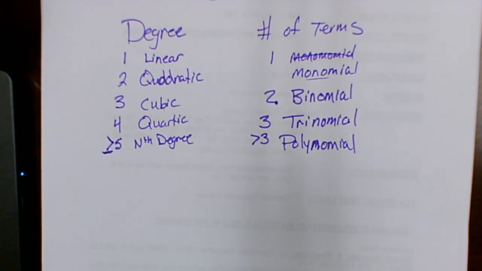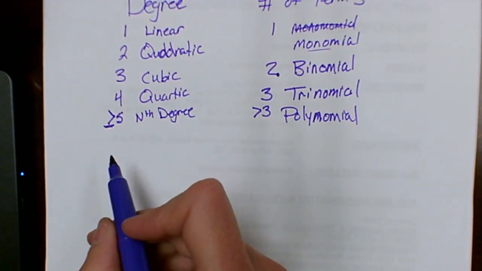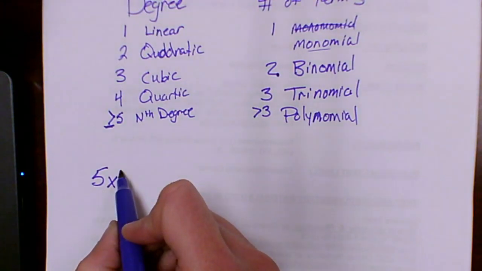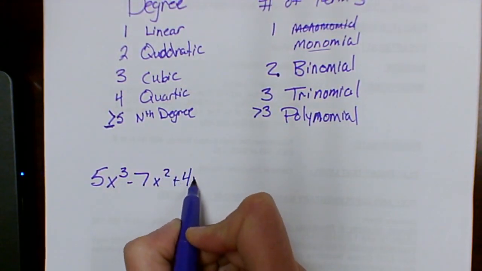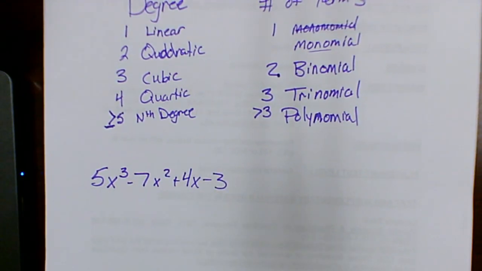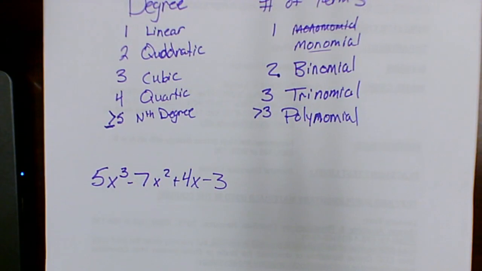So let's classify the following polynomial. After we classify it, I'm going to talk about identifying the parts of the polynomial. So we have 5x to the third minus 7x to the second plus 4x minus 3. So the degree is 3. That's the highest degree we have.